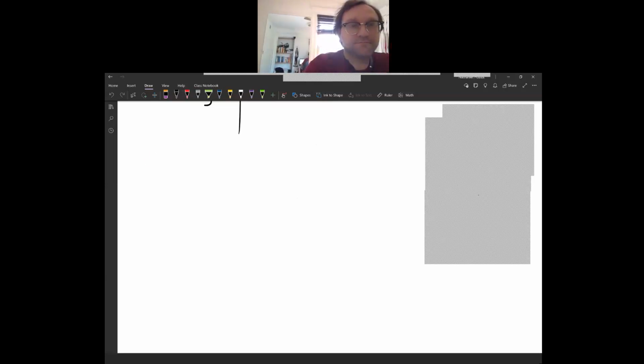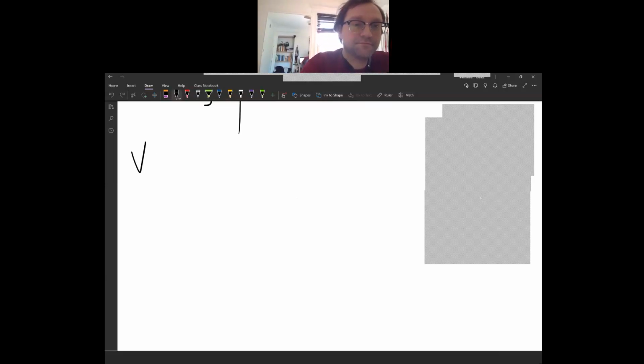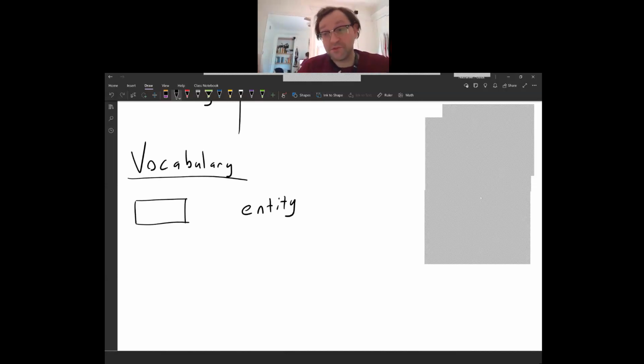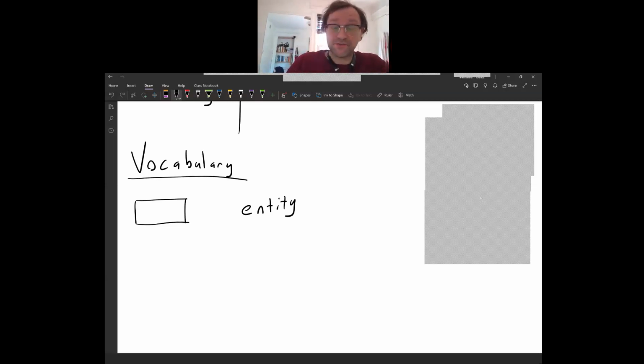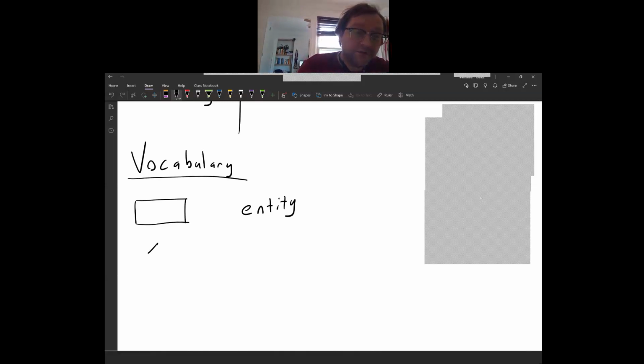Vocabulary. We have an entity. Because these are diagrams, we have to use pictures. I don't know what the constituents of a diagram are called. But we have an entity, and that is a rectangle. We have a relationship, that's a diamond.